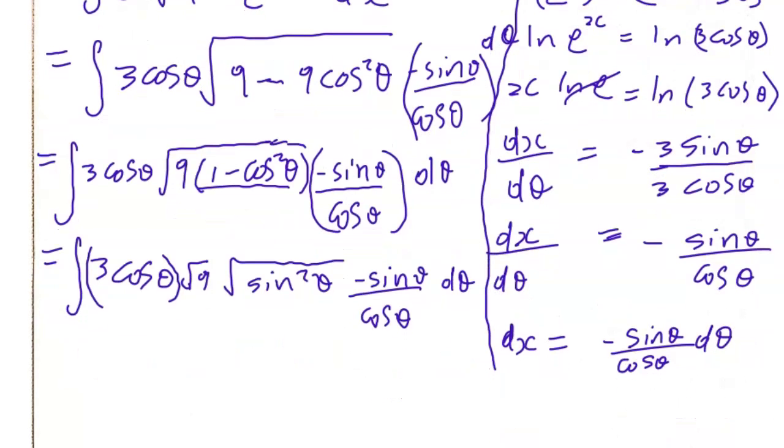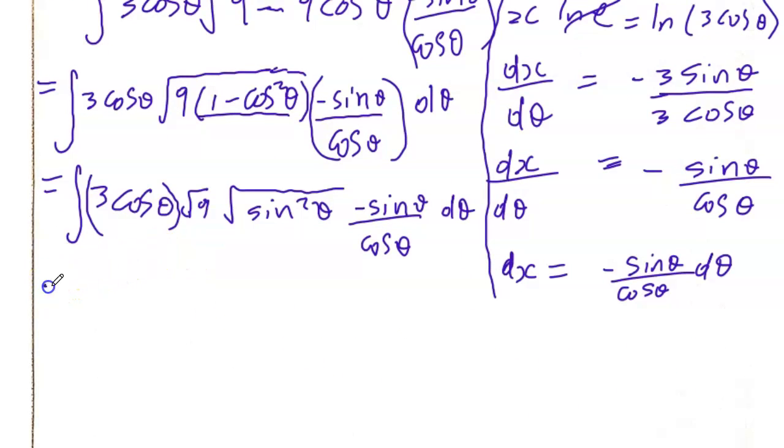So continuing. What happened now? Cos theta into itself, that's 1, sorry. So we're left with 3 times root 9. Root 9 is 3, so 3 times 3 is 9, so I end up with 9. And then root of sine square is sine.